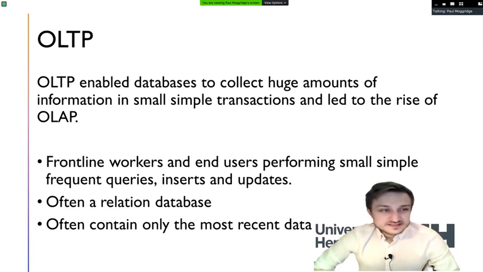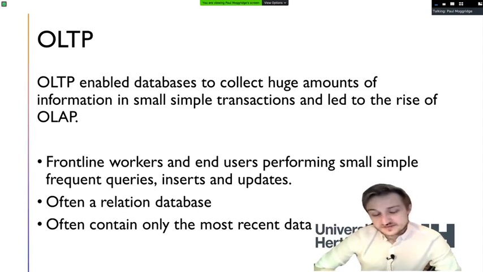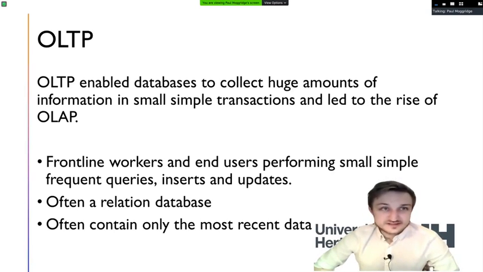OLTP databases are typically archived off, so they don't give the full picture of all of the data. Once a year's worth of data is saved on the server and it's approaching several gigabytes, a backup might be taken and a lot of that older data removed from the database.